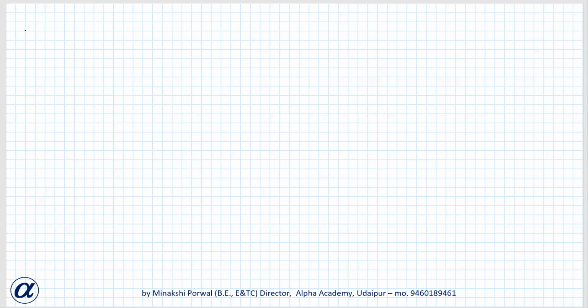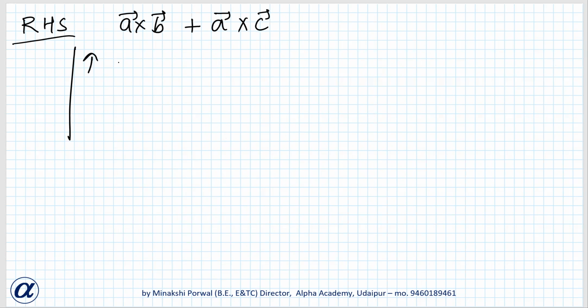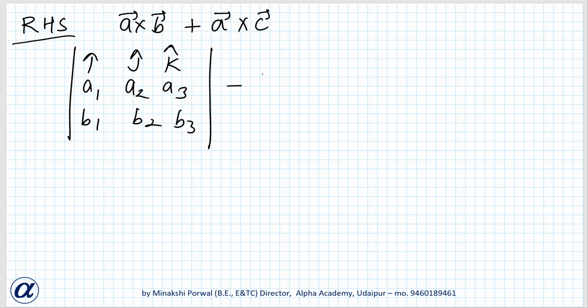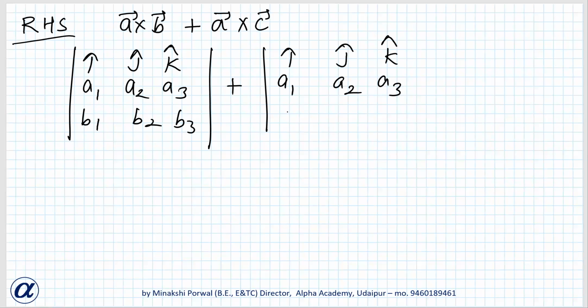Okay. Now RHS. RHS is A cross B plus A cross C. So A cross B will be the determinant of I, J, K, A1, A2, A3, B1, B2, B3, plus the determinant of I, J, K, A1, A2, A3, C1, C2, C3.